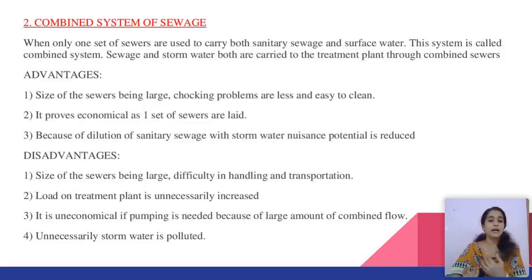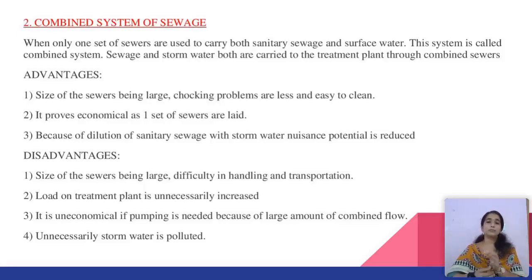Then it is uneconomical if pumping is needed because of the large amount of combined flow. If we have to transport the sewage from one place to another, and pumping is also needed, then it will be uneconomical.